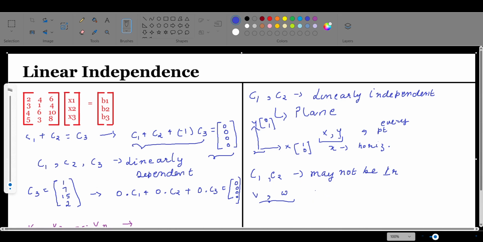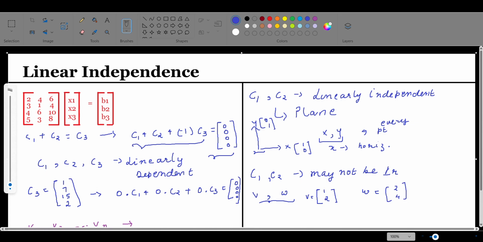For example, let's say if v was 1, 2 and w was 2, 4. That's the only way they can be dependent on each other, right? Because here, if you notice, we don't have a third vector which can be added with another vector to give you another vector, right? The only way that they can be dependent is through being a multiple of each other.